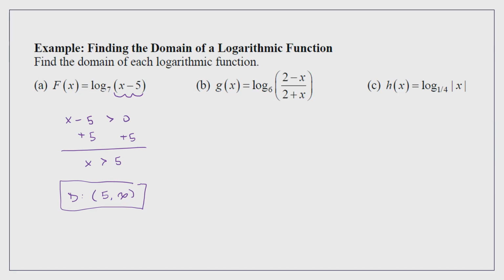Okay. For B, g of x equals log base 6 of 2 minus x divided by 2 plus x. So 2 minus x divided by 2 plus x, we know, since it's part of a logarithmic statement, must be greater than 0. Okay? So that means 2 minus x must be greater than 0, and 2 plus x must be greater than 0. Why do they both have to be greater than 0?